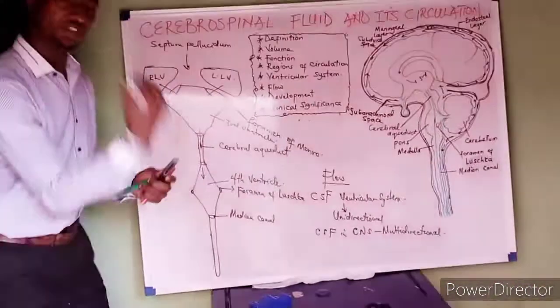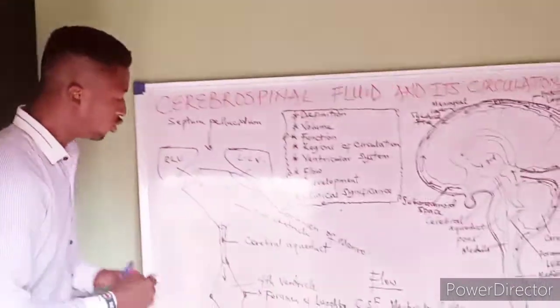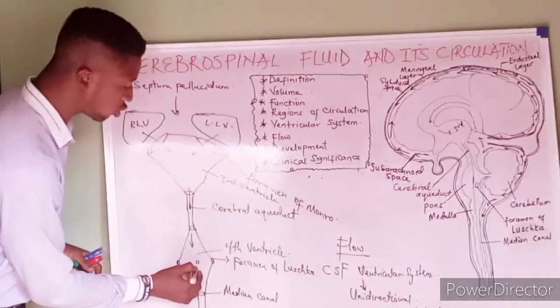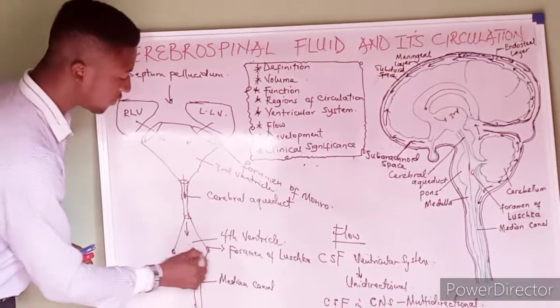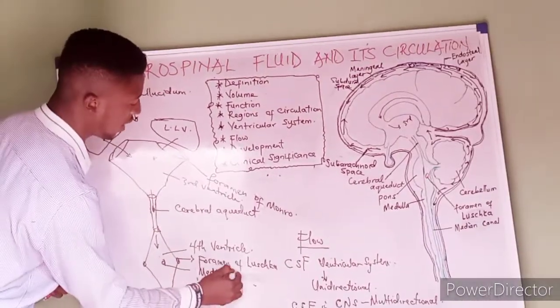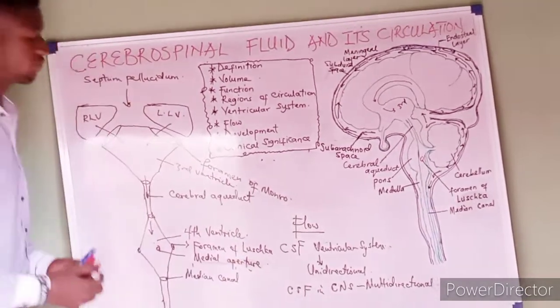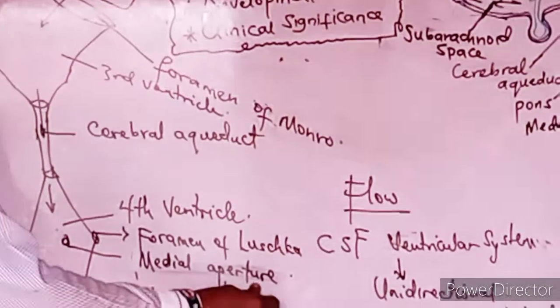Also, anteriorly, you have a foramen through which this canal also opens, and it is called the medial aperture.